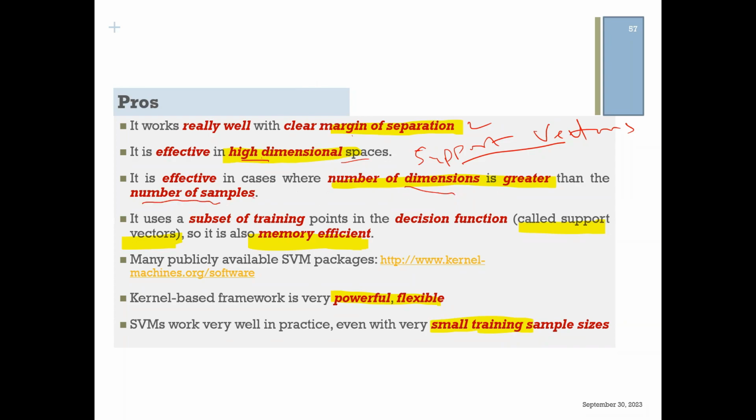By number of dimensions here, we mean the number of features. When the number of features is greater than the number of samples, this is actually an abnormality. When you have, let's say, X1, X2, X3, these are features, up to maybe X11, or let's say 45.